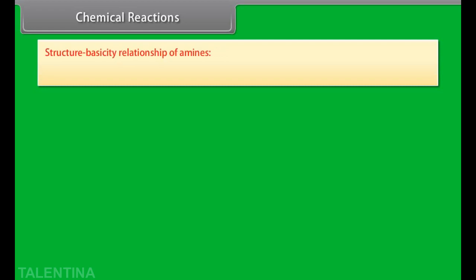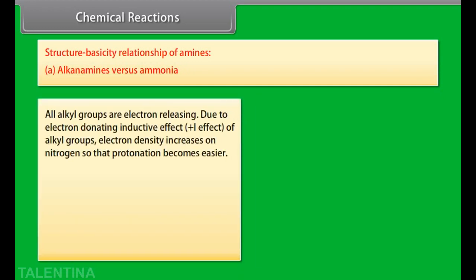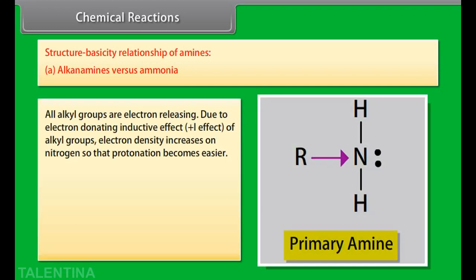Structure basicity relationship of amines. Alkanamines versus ammonia. All alkyl groups are electron releasing. Due to the electron donating inductive effect, that is the positive I effect of alkyl groups, electron density increases on nitrogen so that protonation becomes easier.